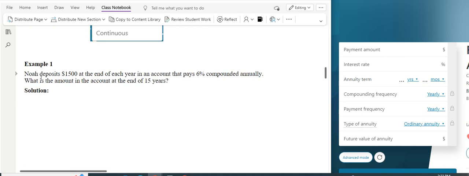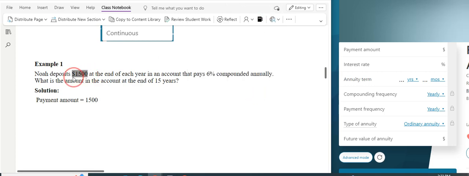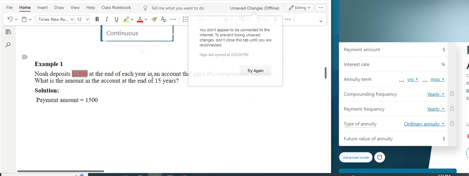And so we have Noah who deposits $1,500 at the end of each year into an account that pays 6% compounded annually. So what does this look like? Well, here the payment amount is 1,500. Okay, so we can still highlight all of the information that we need.